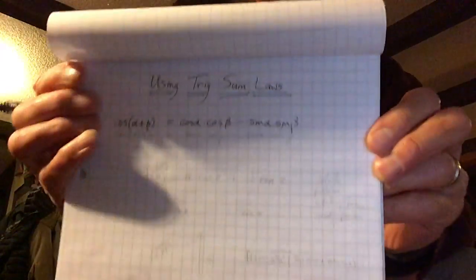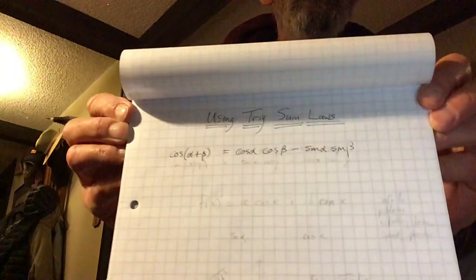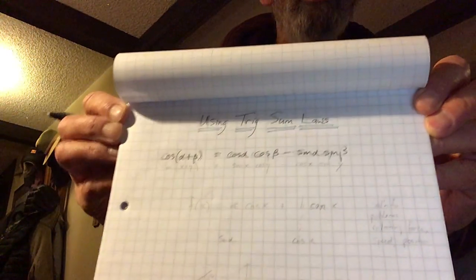I know that's a little boring, but there is the addition law for cosine, and then we'll do the addition law for sine. Someone asked me about the difference laws. What about sine of alpha minus beta?